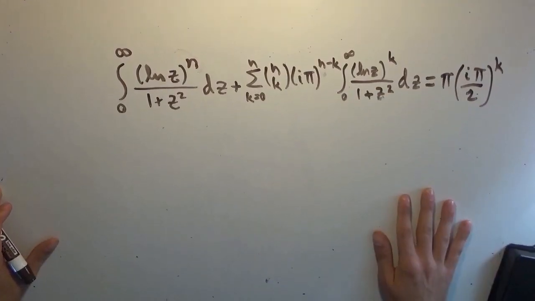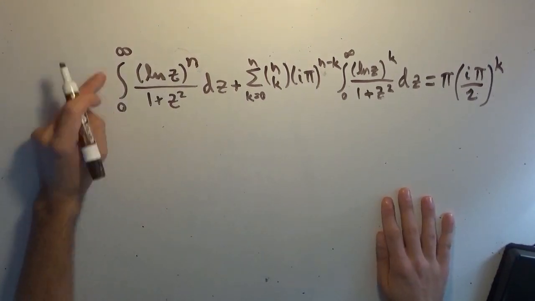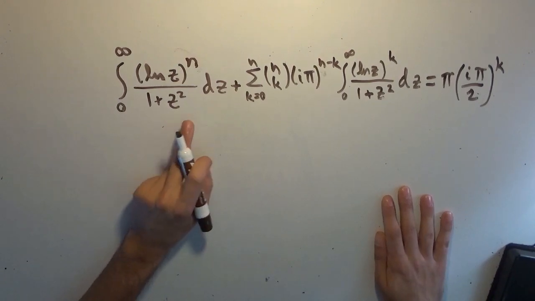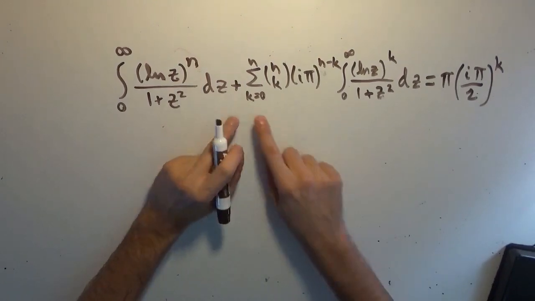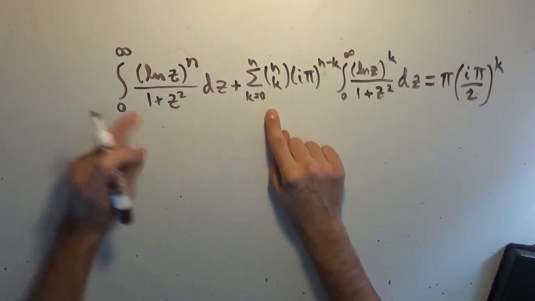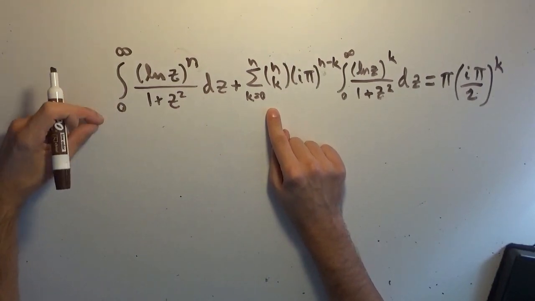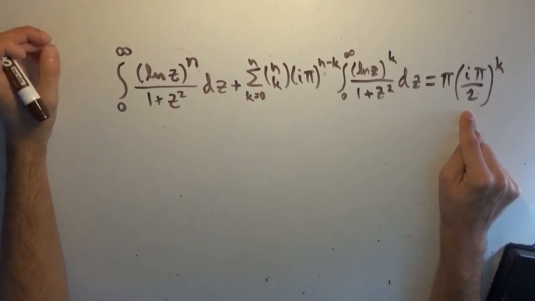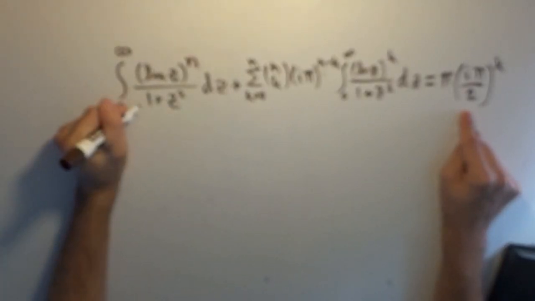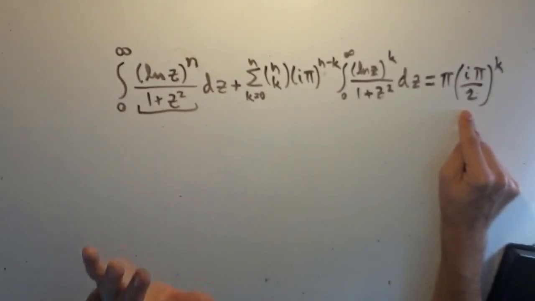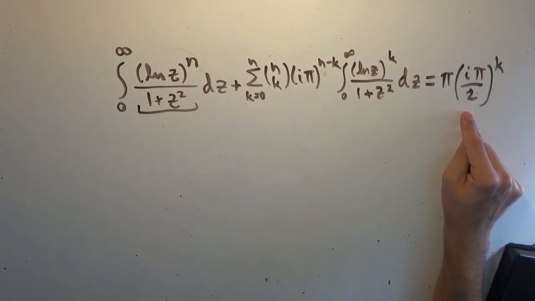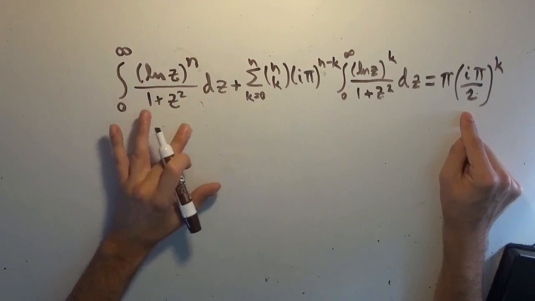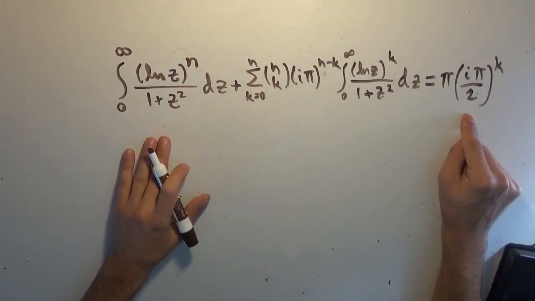Okay. So this is what we were able to show so far. The regular integral that we want to solve for, that goes from 0 to infinity of that integrand, taken at the value n, plus this representation of the negative version of this integral, which went from negative infinity to 0, is equal to this, which is 2 pi I times the residue of this function at the point z equals I, which is what we were able to derive in one of the previous videos.